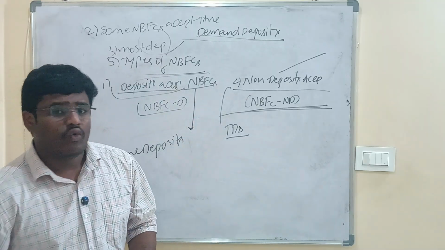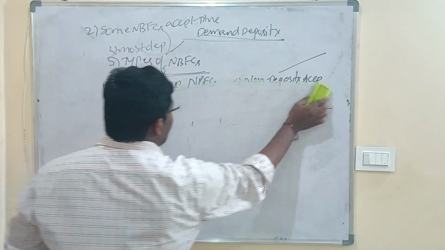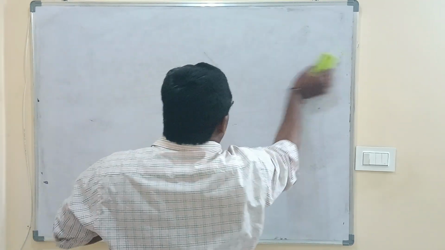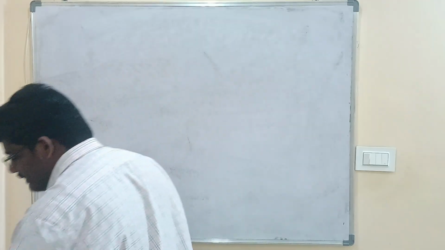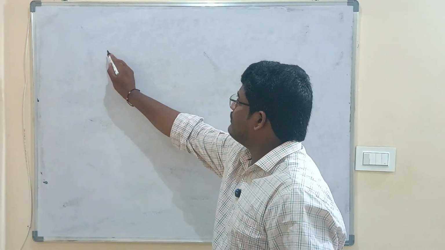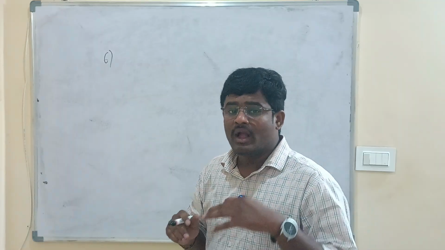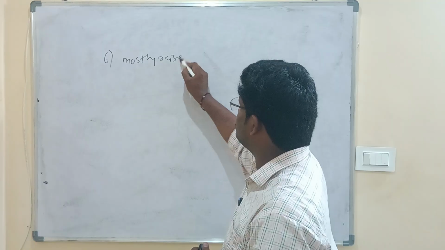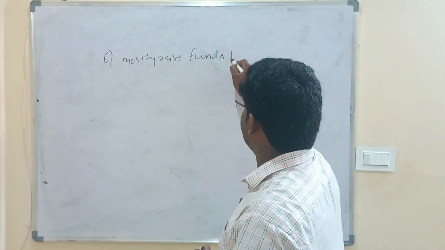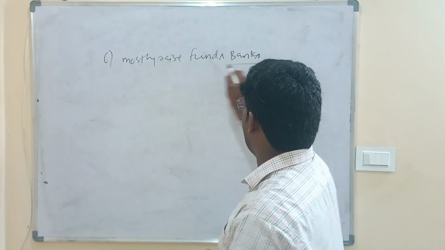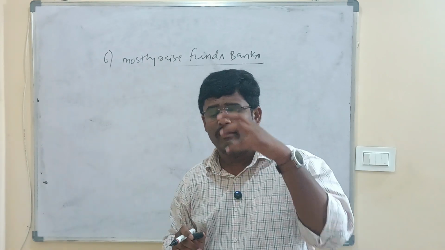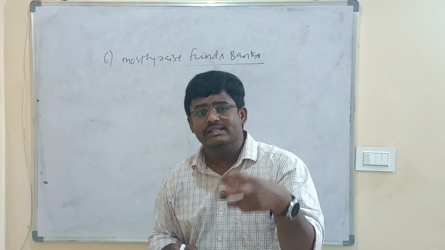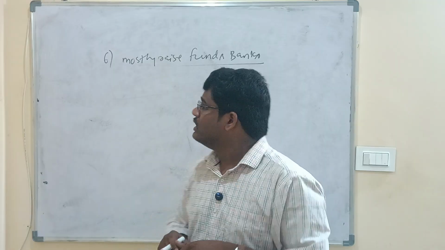Now the question is, when most NBFCs do not accept any form of deposits, how are they able to provide loans? That is where the next feature comes in. NBFCs mostly raise funds from banks. So instead of a lender, first they are borrowers.